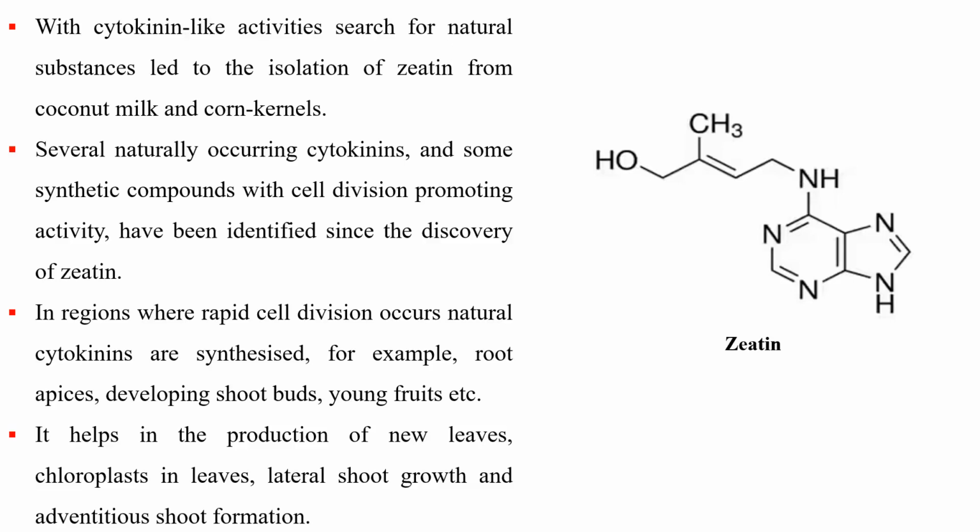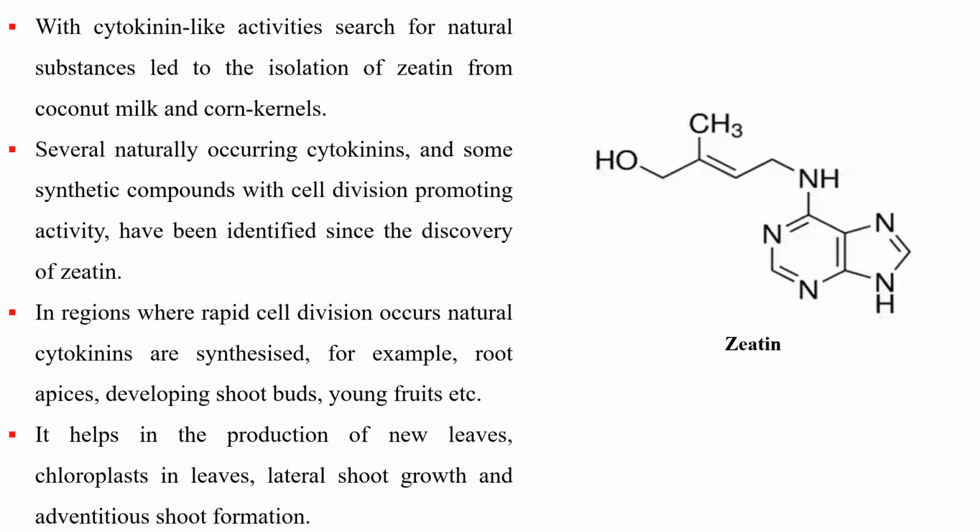Several naturally occurring cytokinins and some synthetic compounds with cell division promoting activity have been identified since the discovery of zeatin. In regions where rapid cell division occurs, natural cytokinins are synthesized. For example, root apices, developing shoot buds, young fruits, etc.